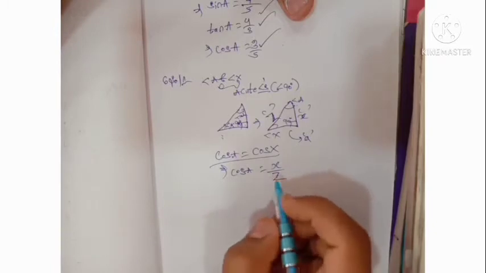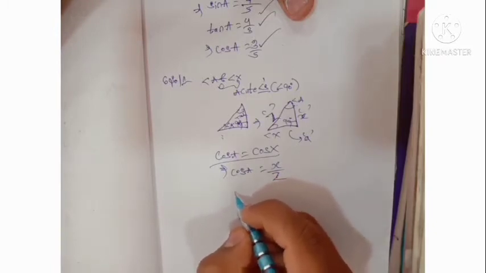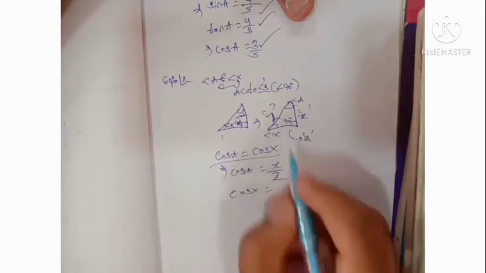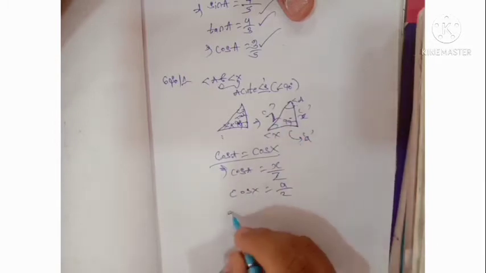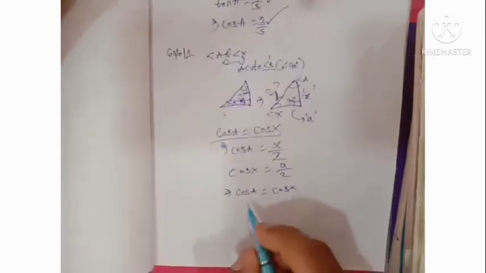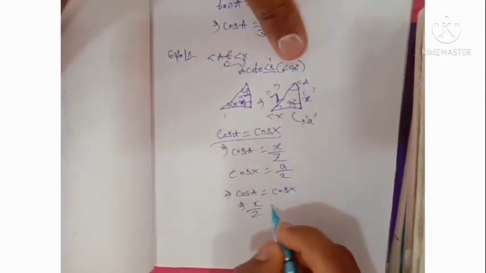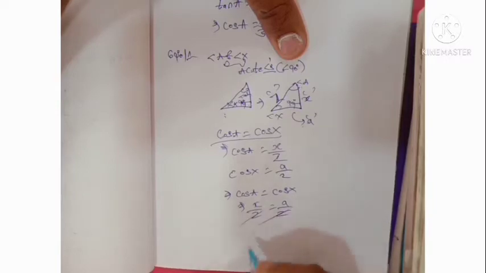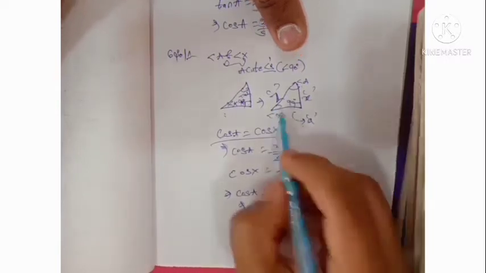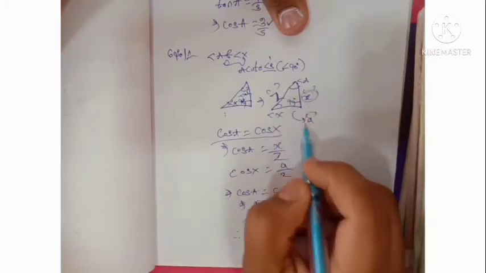Then cos X, means adjacent by hypotenuse, X by Z. But they given cos A is equal to cos X, means X by Z is equal to A by Z. Z cancel. What we got? X is equal to A, means this length and this length is equal.